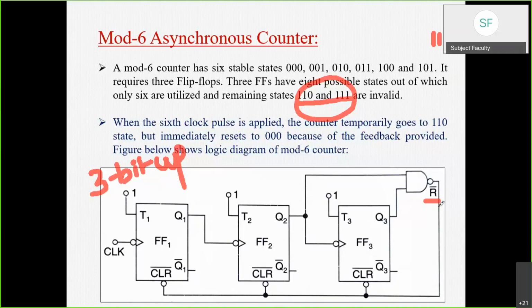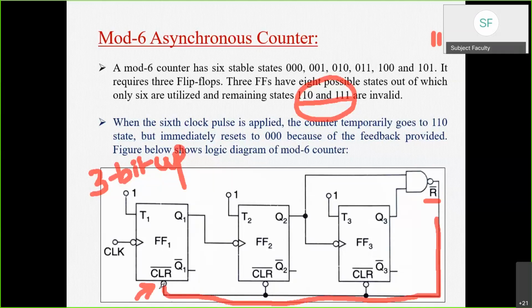This R bar, if you observe carefully, is connected to the clear input of all 3 flip-flops. The output of the NAND gate is connected to the clear input of all flip-flops, and this clear input is complemented. That means again there is one bubble.